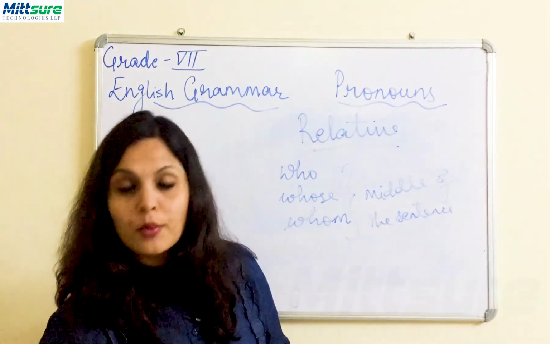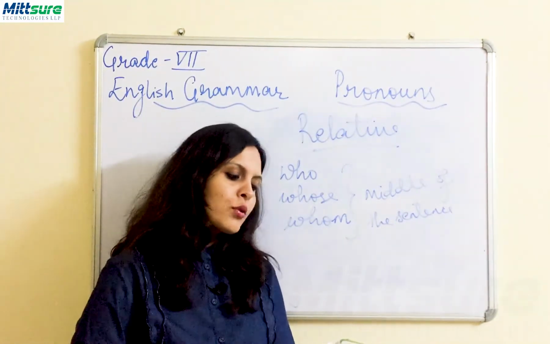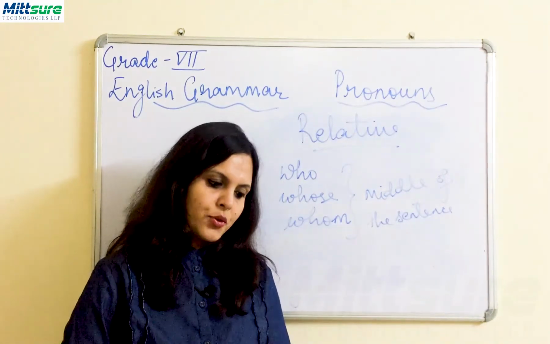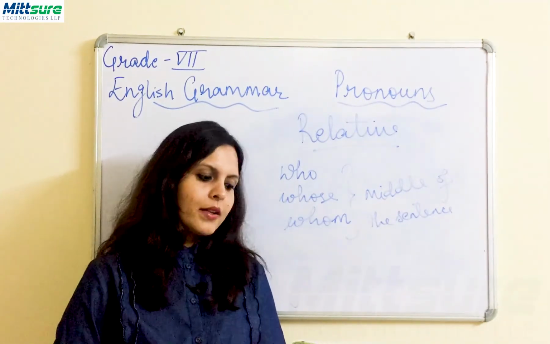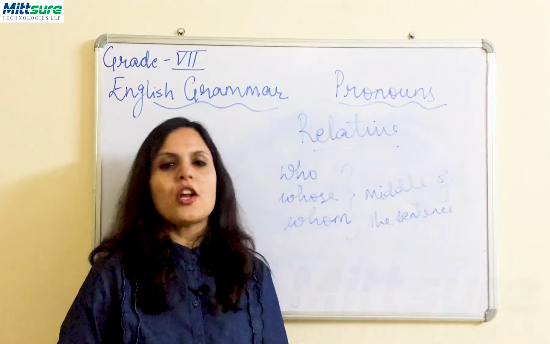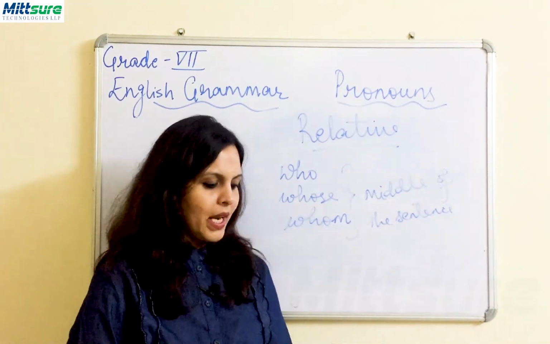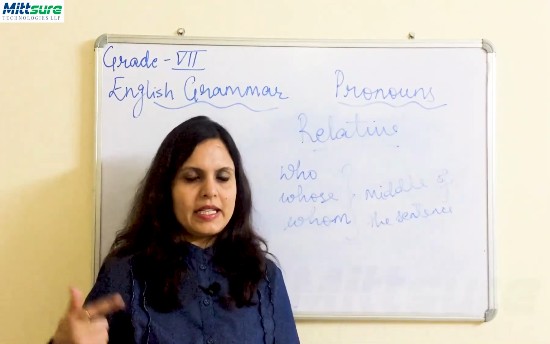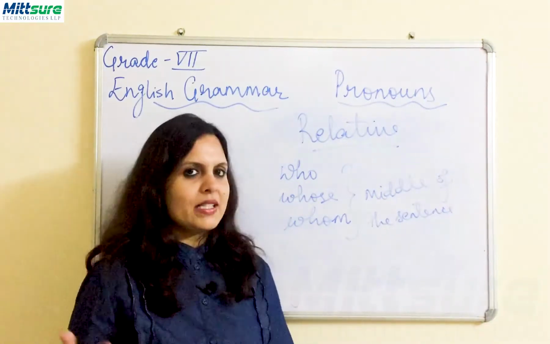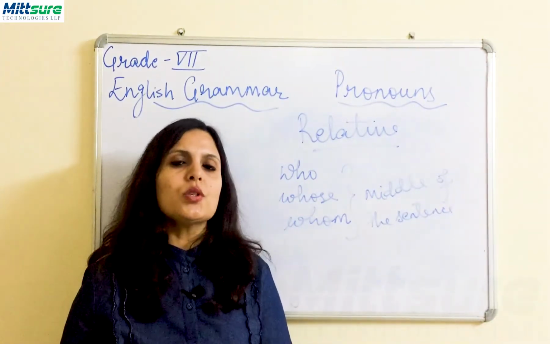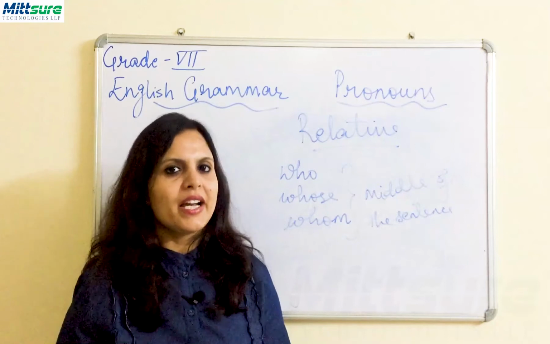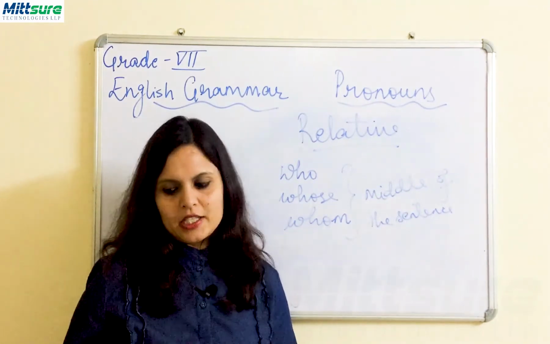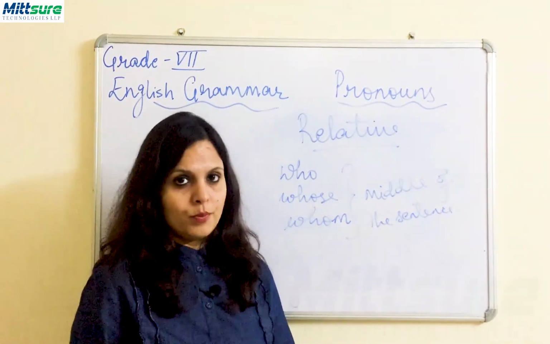So a relative pronoun is used to connect a clause or a phrase to a noun or a pronoun. They are placed directly after the noun or pronoun, right? As in, I have a friend whose plants have died because of the excess of heat. So friend and then whose, right?